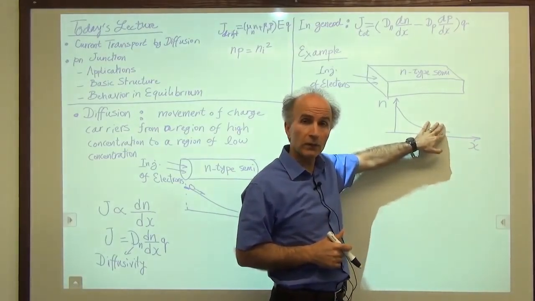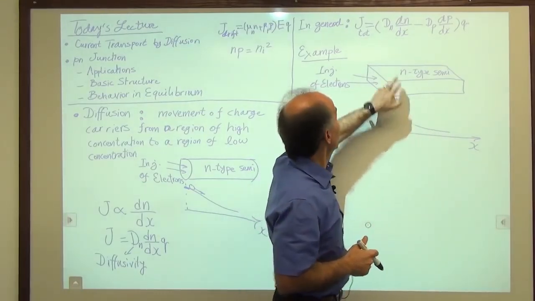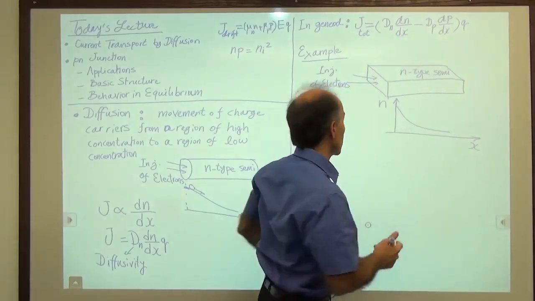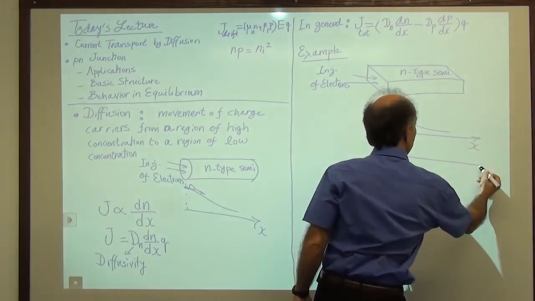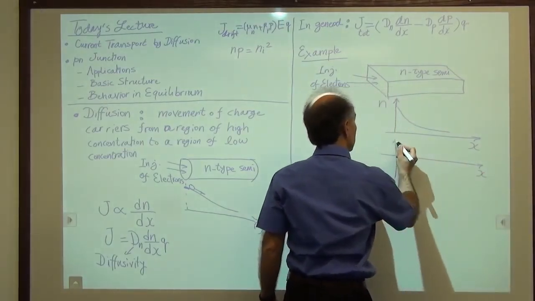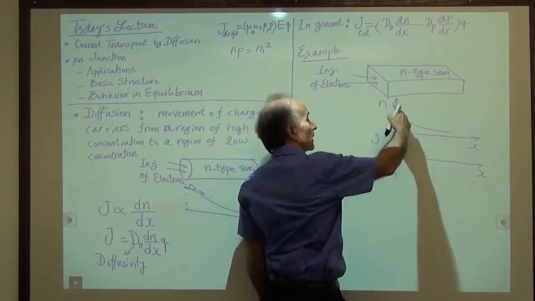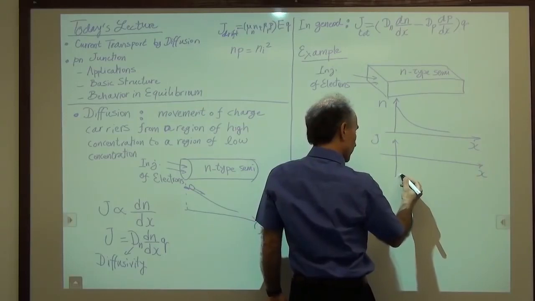So what we would like to do is plot the resulting diffusion current. Okay, no problem. It's just this, D sub n times dn over dx. So the diffusion current density J would be, because the derivative is negative, the current is negative.